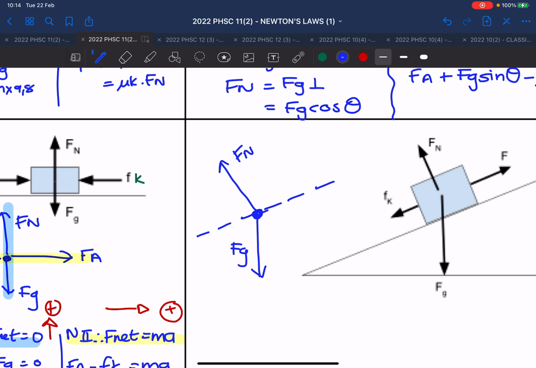Then we see we have an applied force up the incline. And we have frictional force. What is the direction of frictional force? There's one of two things that you can mention.